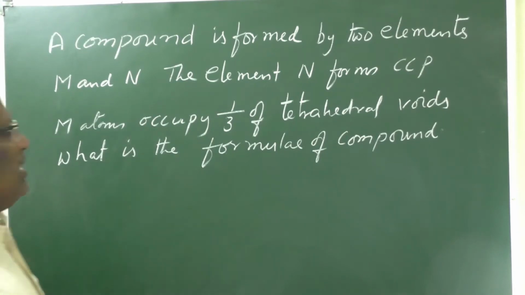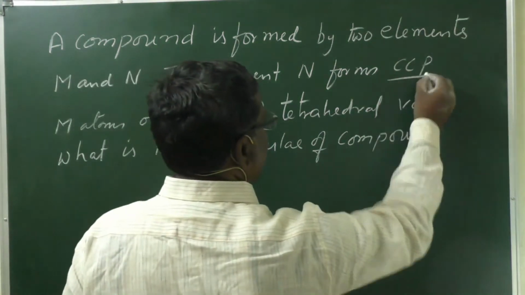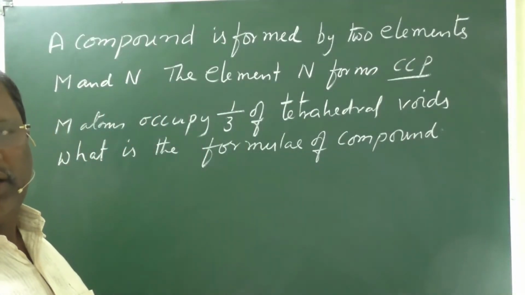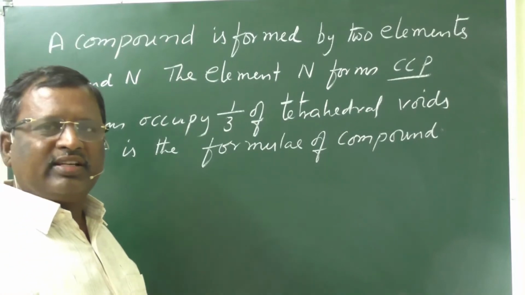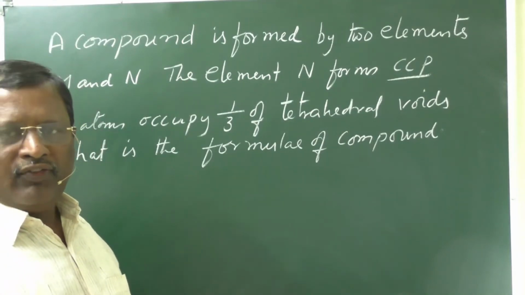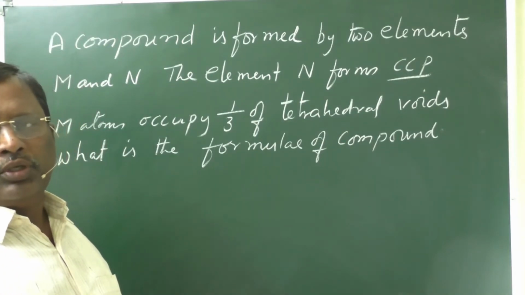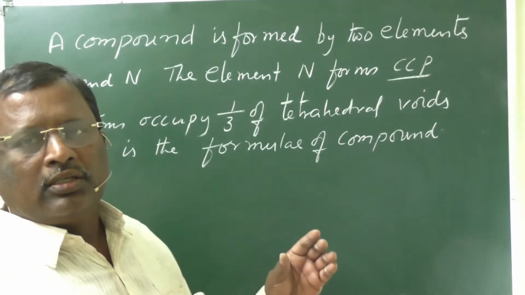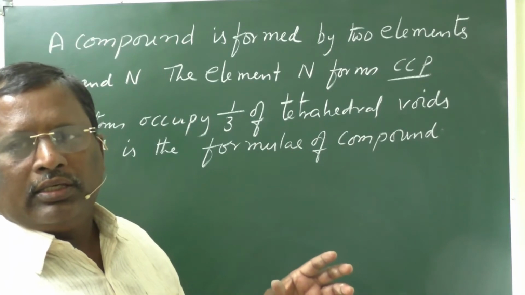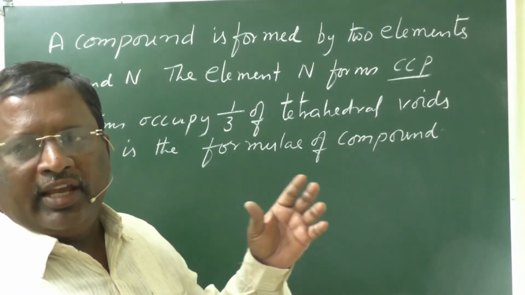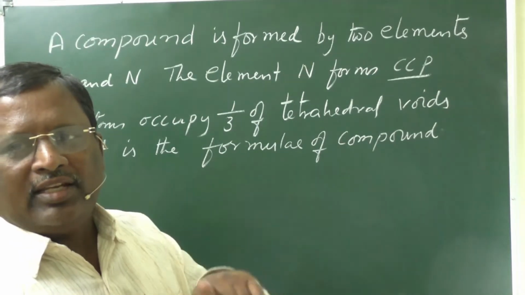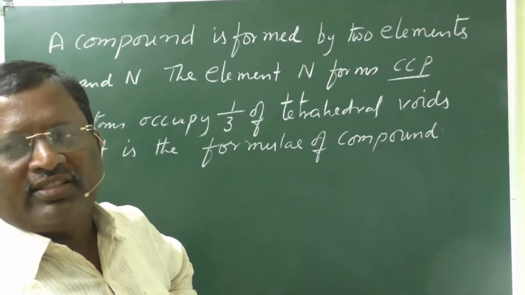So it is a CCP, cubic close packing. Whether it is CCP or HCP or FCC, it forms a face centered cube. In a face centered cube, the number of atoms is equal to 4, because in FCC, 8 atoms occupy 8 corners and 6 atoms occupy 6 face centers.